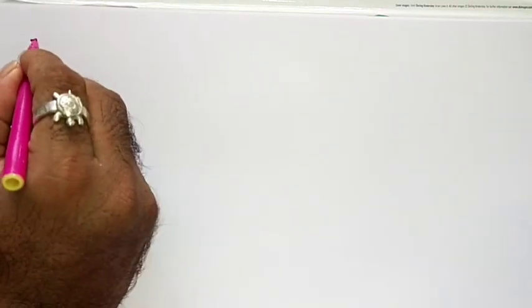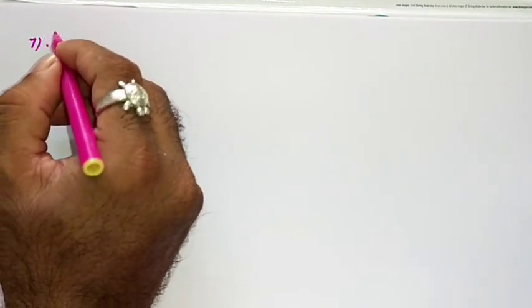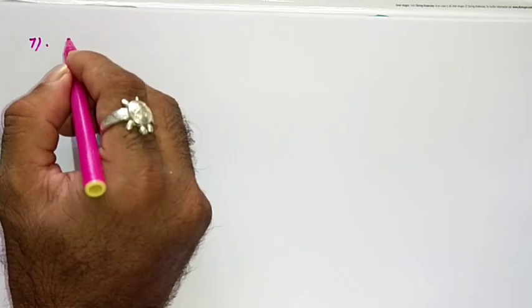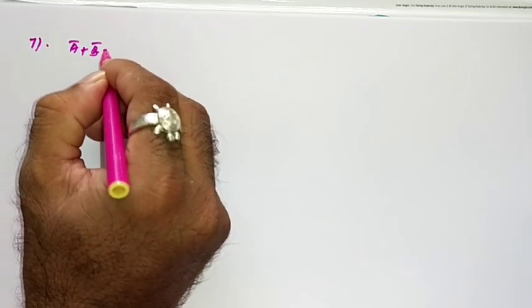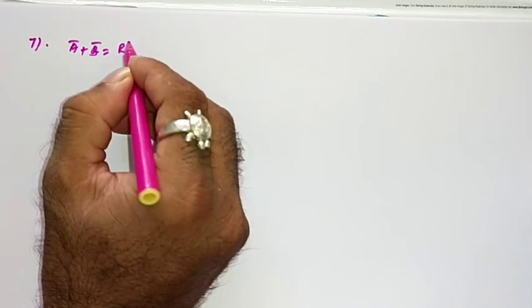Okay, next question, the seventh question. The resultant of vectors A plus B is given as R1.